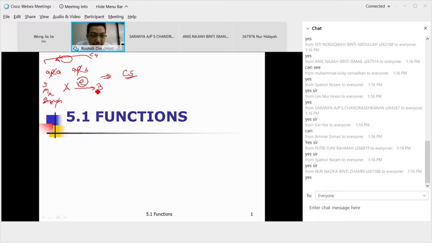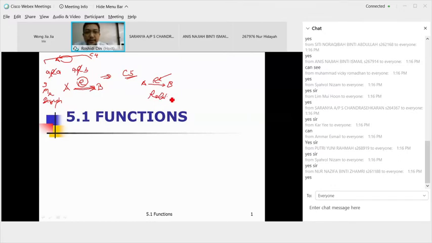It means we focus on this arrow, where we assume that A has a relation with B. We put this symbol. For chapter 5, we concentrate specifically on this R, where R means relation.